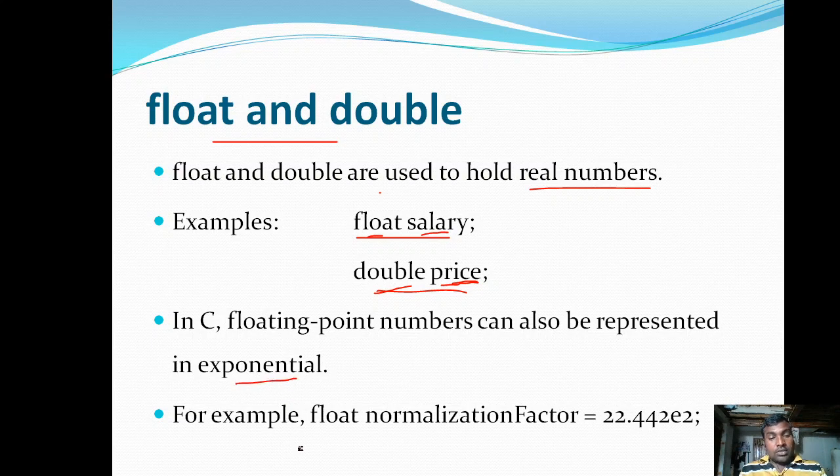For example, float normalization factor is 22.442E2. This kind of data can also be handled. These are called exponential representation of fractional data.